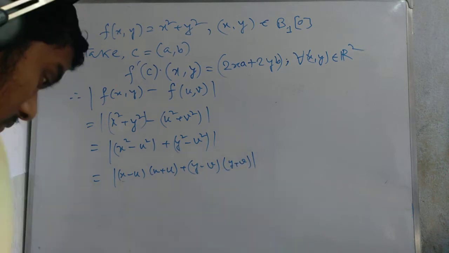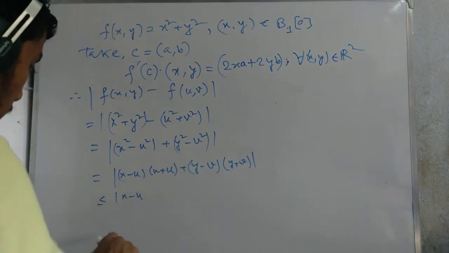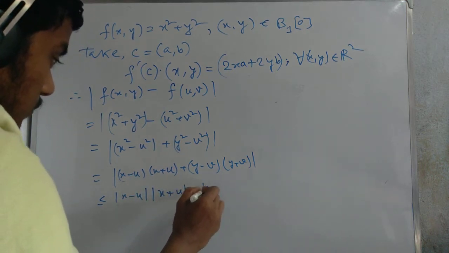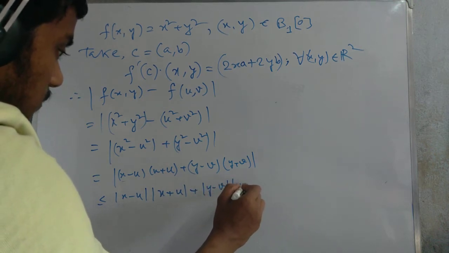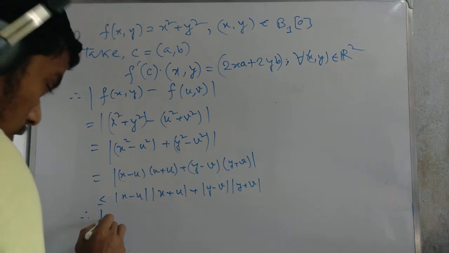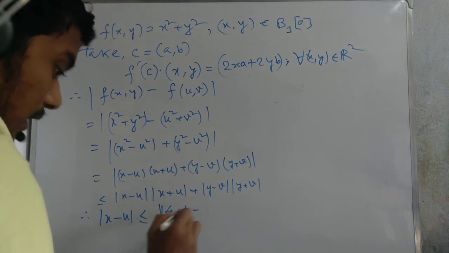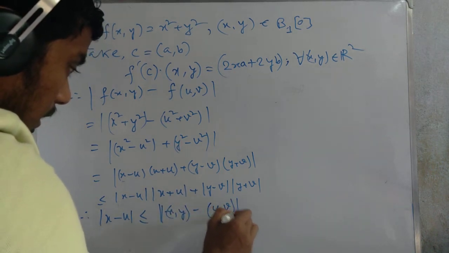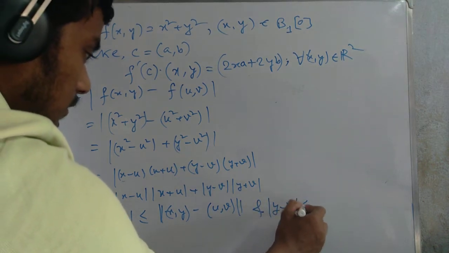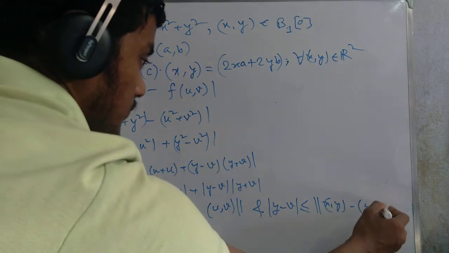Okay, then this is less than or equal to mod of (x difference u) and mod of (x plus u) plus mod of (y difference v) and mod of (y plus v). Okay, so now we write mod of x difference u is less than or equal to norm of (x, y) difference (u, v), and mod of y difference v is less than or equal to norm of (x, y) difference (u, v).